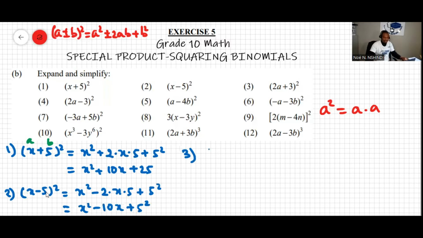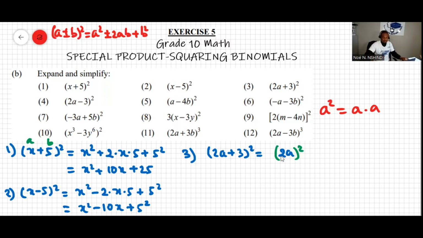Now let's see question 3. We have 2a plus 3 raised to the power of 2. I'm going to just apply the formula. It's going to be 2a to the power of 2. I use brackets because we have more than one thing here.